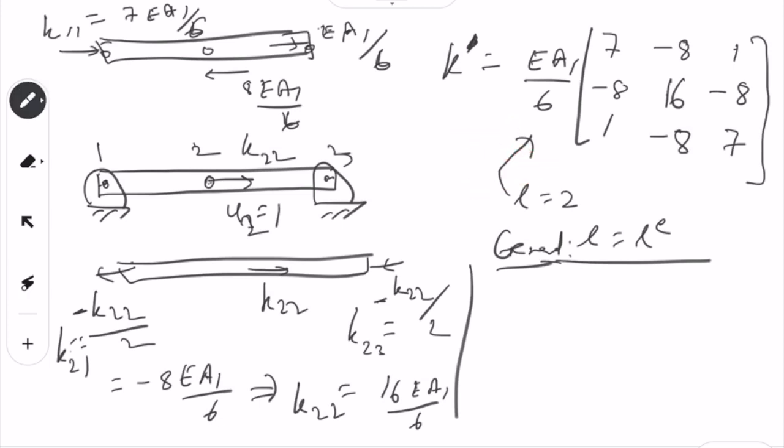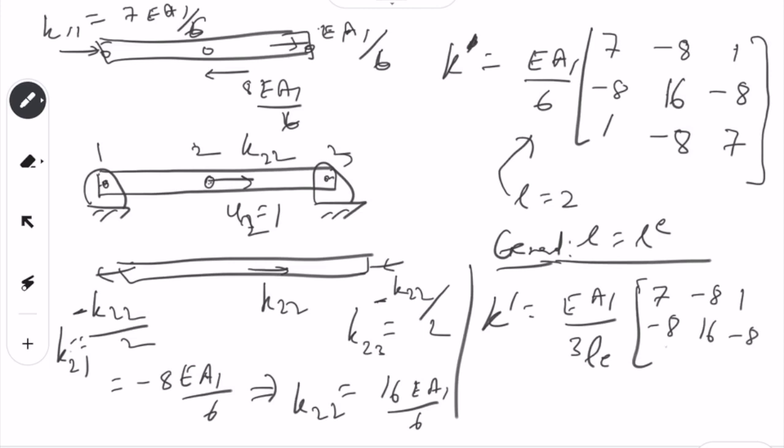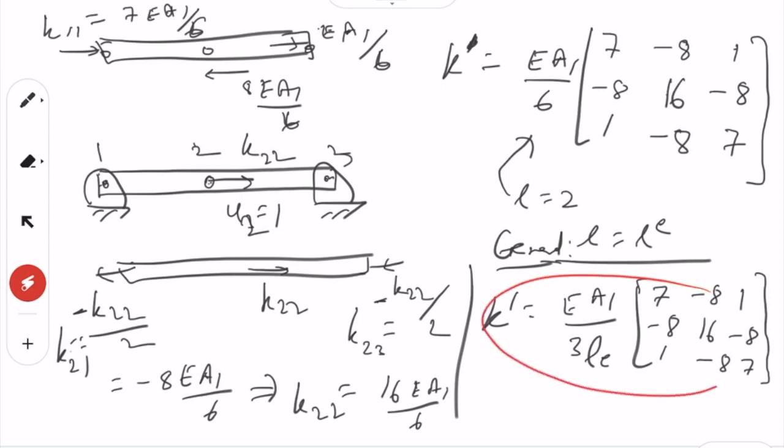So you can write K dash equal to EA1 over 3 LE, and then you can have the values 7, minus 8, 1; minus 8, 16, minus 8; 1, minus 8, 7. So this is the stiffness matrix for the 3 noded element.